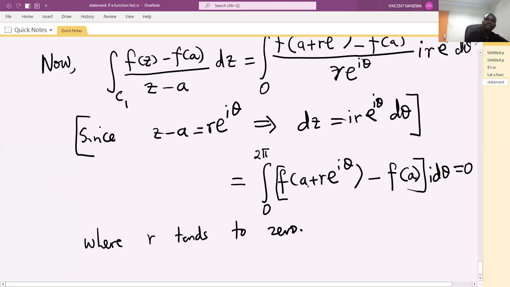When you let r approach 0, when the radius is very, very small, this will just be f of a. So f of a minus f of a is 0. So that integral will be 0.